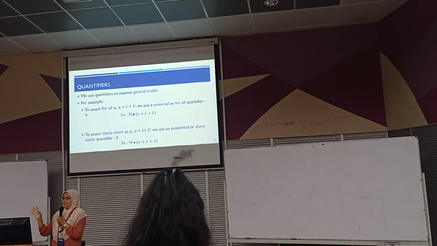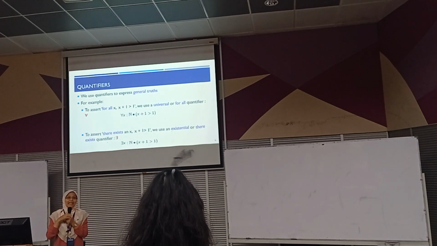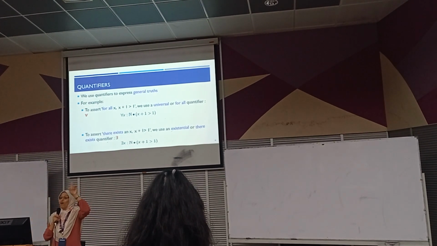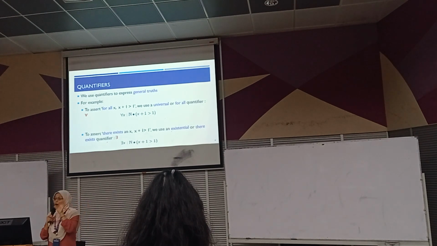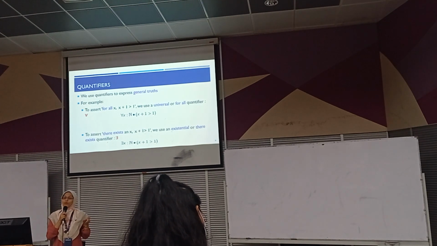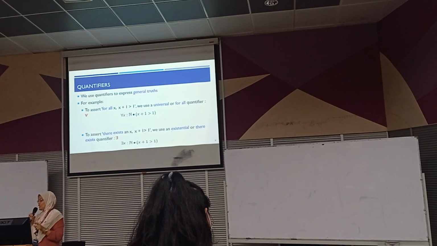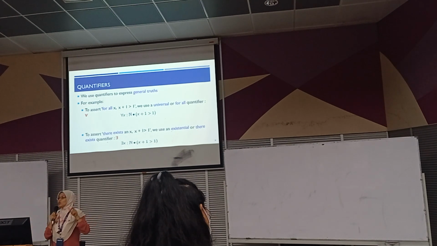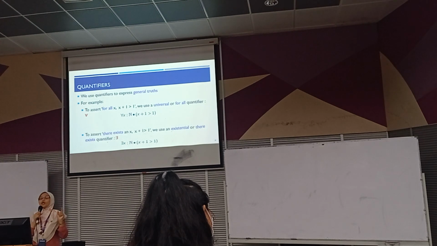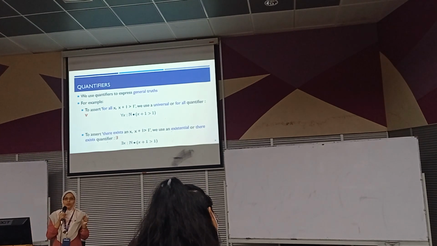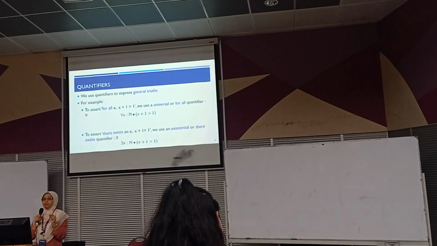So normally this for all and there exists, we combine with set comprehension just now. It does not mean that everything must be combined, but most of the time we combine with set comprehension, there exists or for all.